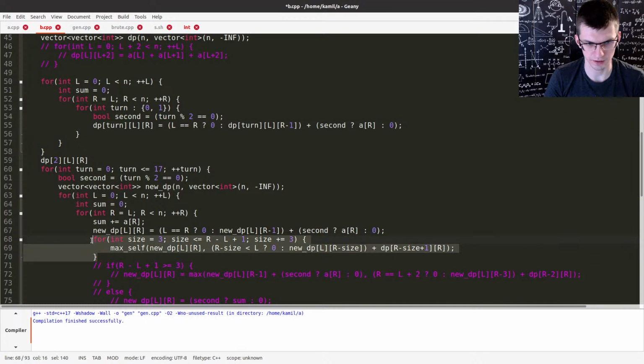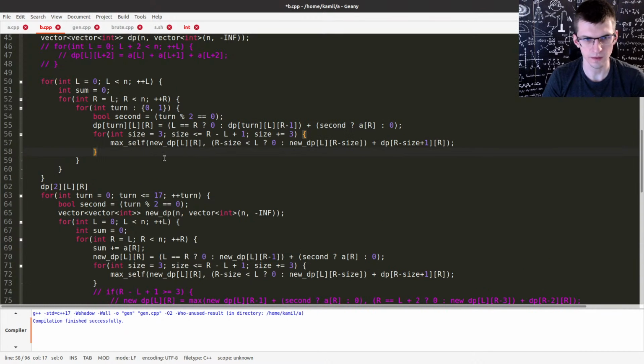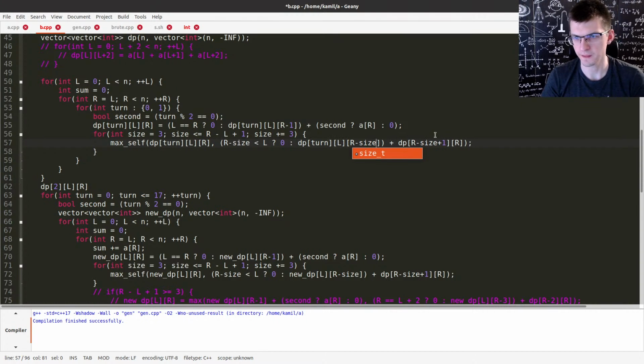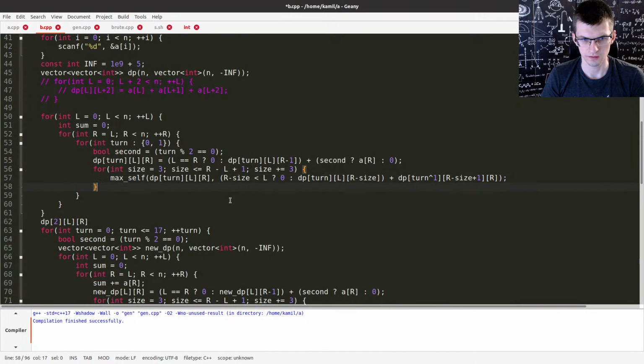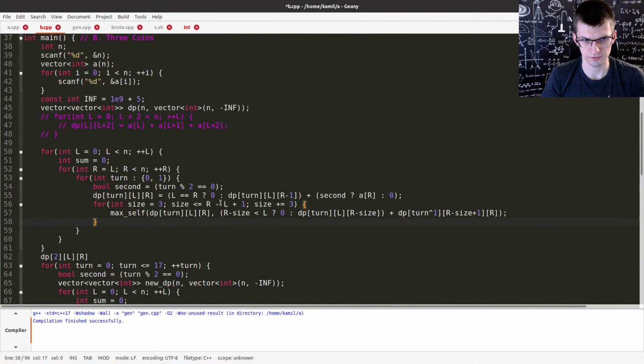But also we have that, where new dp just means this. New dp means this with R minus size. And this is dp of the other thing, not turn XOR 1. Is that it?